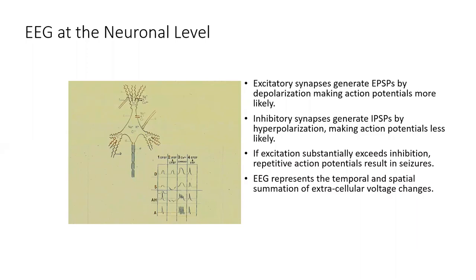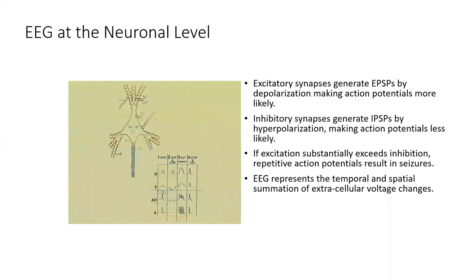We also have to amplify that signal about 1,000,000-fold to see it on our computer screen. So we're really talking about postsynaptic potentials. These potentials occur on the order of about 50 to 200 milliseconds, so they're ideal for recording given their duration as well as the field that they generate.